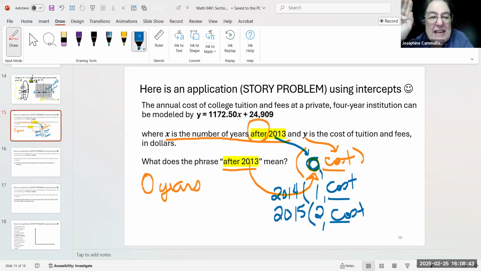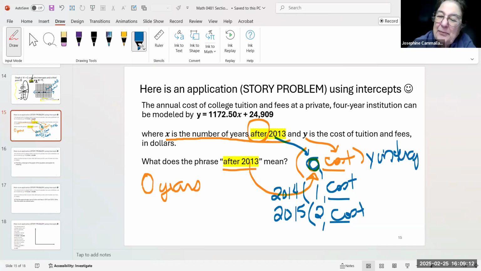So this phrase, X is the number of years after, you have to remember that it's 0, which makes this your X or your Y-intercept, because we have a value for Y. This is your Y-intercept.